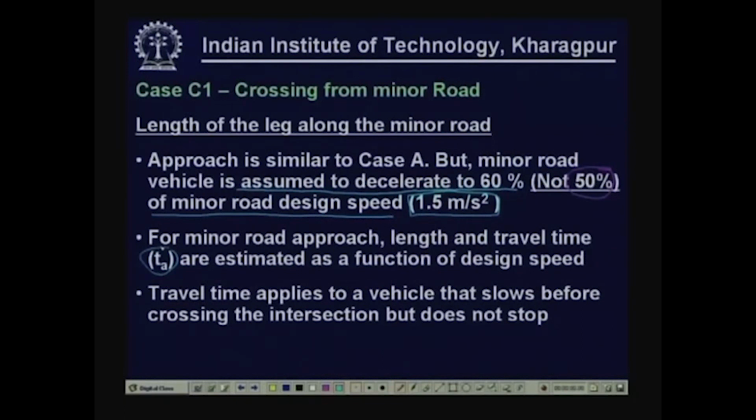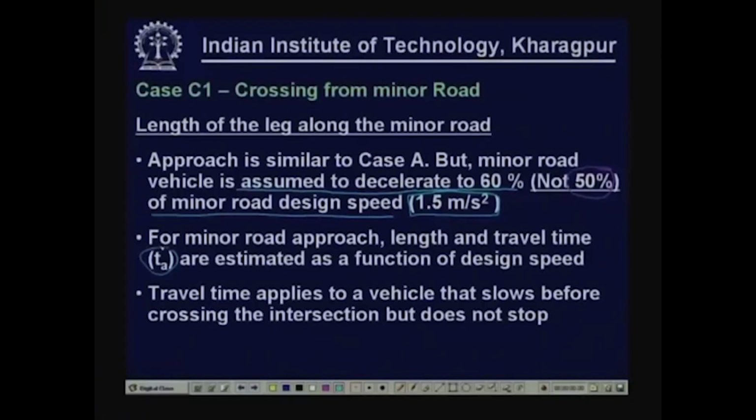So, in this case, both the length and the time required to cover that distance are given as a function of the design speed for the minor road. Tables are given; table values are given in AASHTO.